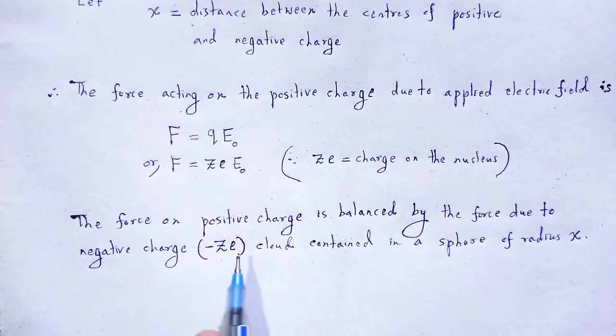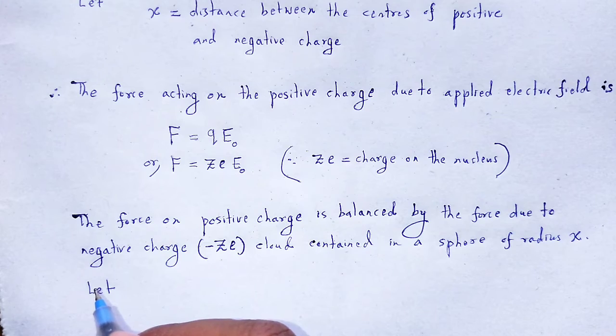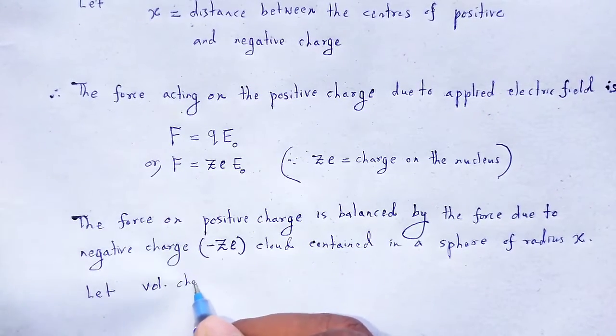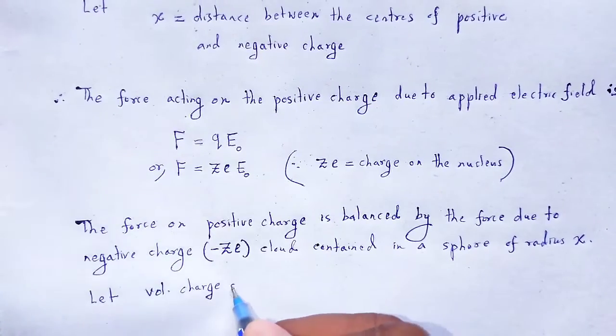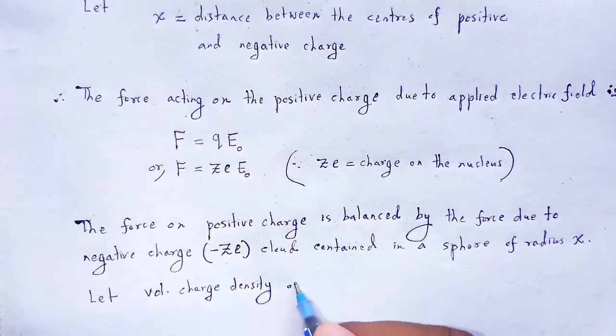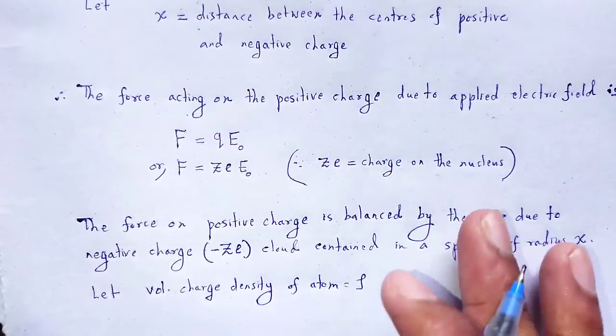Let us take the volume charge density of that given atom, volume charge density of the atom, rho.